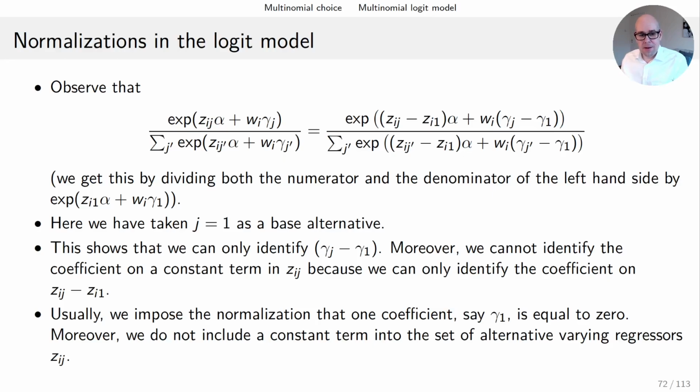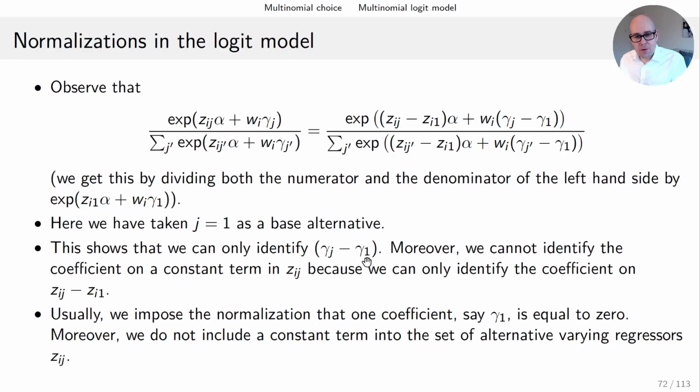Normalizations just mean, as before, that we need to impose something because otherwise the model is too flexible, but whatever we impose is fine because it will not restrict the model's predictions in terms of the implied choice probabilities. Put differently, we can only identify the difference in those gammas relative to one of the gammas. We need to fix one of them, and that's the location normalization.